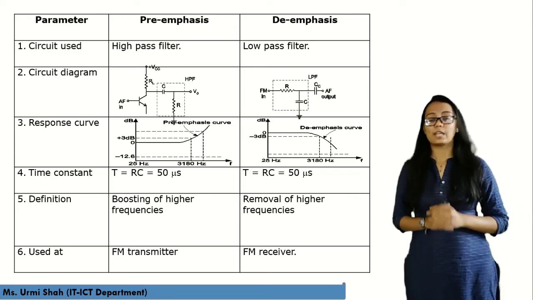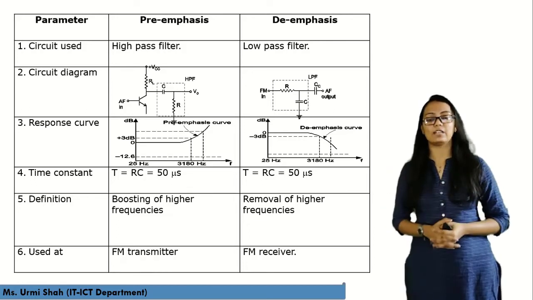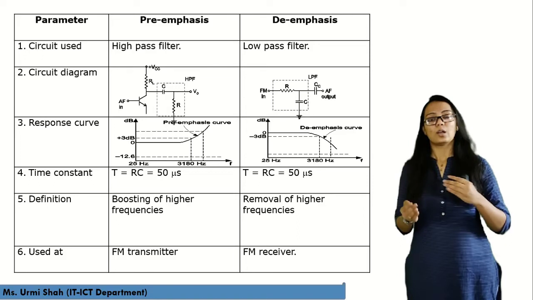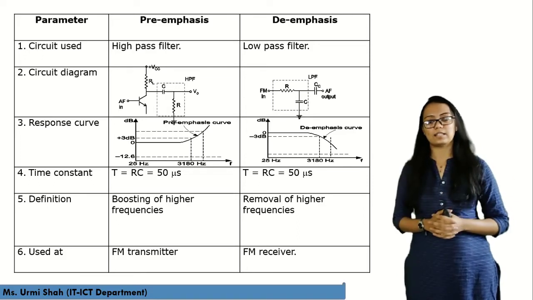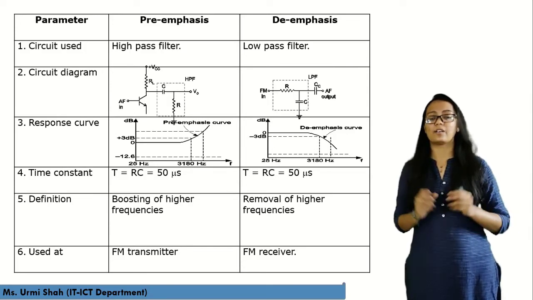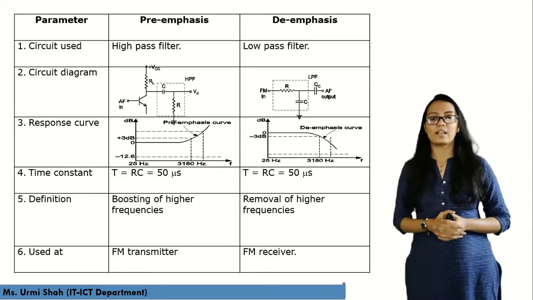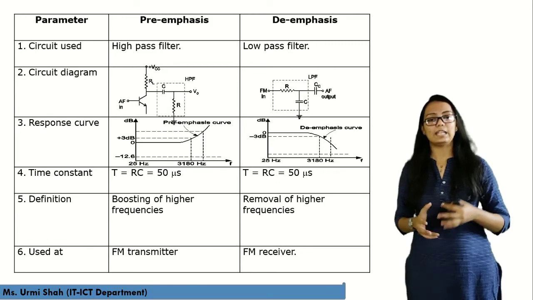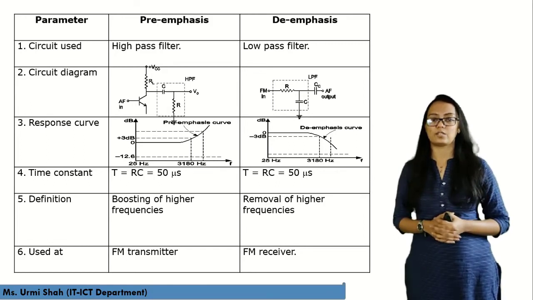These blocks are the major blocks of the FM modulation scheme whenever you want to transmit your audio frequency signal at high frequency ranges. So pre-emphasis and de-emphasis are very important processes whenever we are learning any concept of FM modulation.